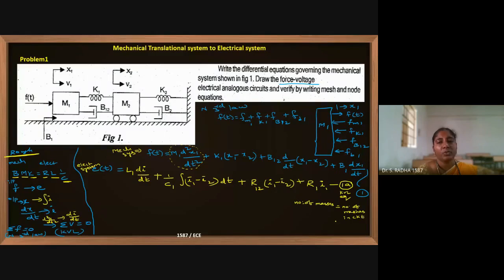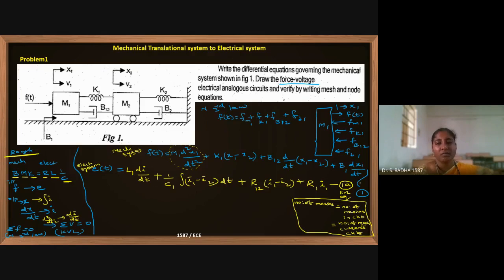Those many currents are present in the circuit, or in the equation. So the number of masses is equal to the number of meshes, and that is equal to the number of mesh currents. Every mesh will have one current.